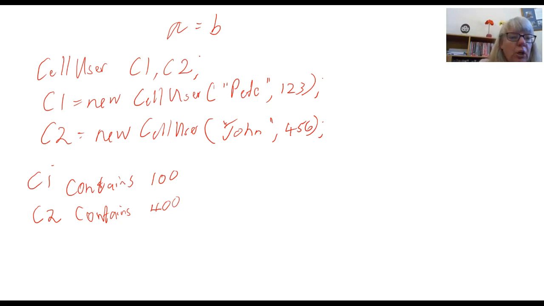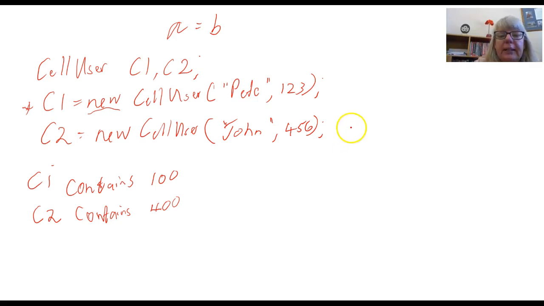Let's say 400. Where did these addresses come from? The new operator returned it. So this line C1 equals new cell user really tells the constructor, go to the computer memory, find a place for a new object, call it C1, and store in it the values for the attributes, and bring back the address where you stored it so that I can get it again. And that is what C1 is. It's the address of a new object.